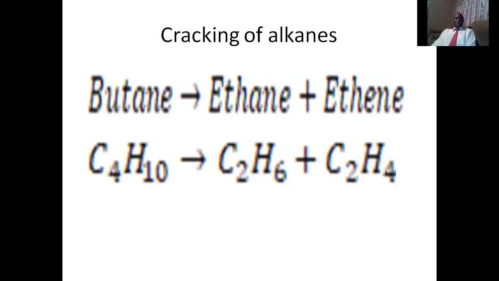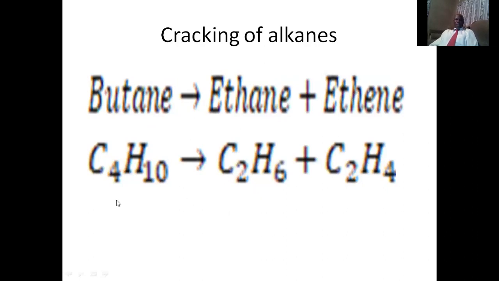I will give an example of one of the cracking methods. For example, if you have butane and you heat it at a very high temperature, say 1000, you will produce a smaller alkane, which is ethane, plus an alkene, which is ethene.